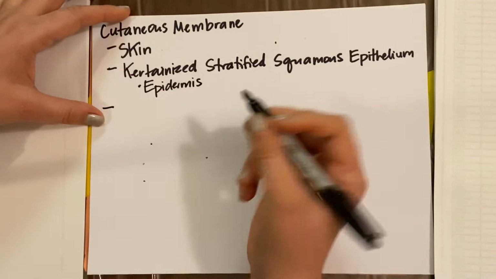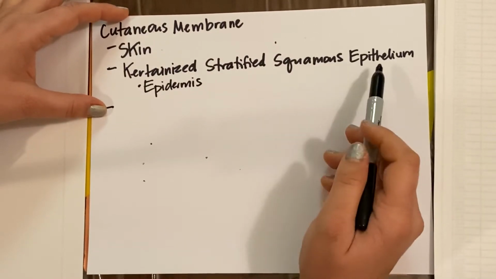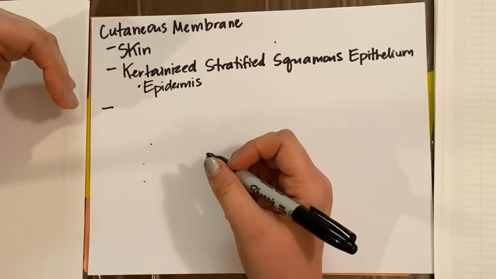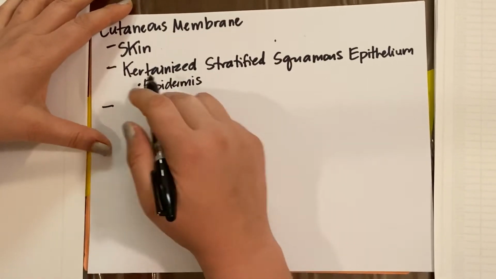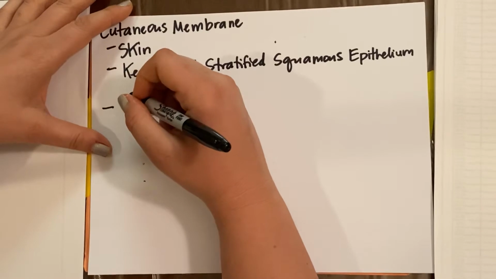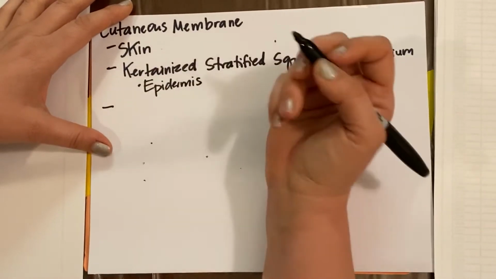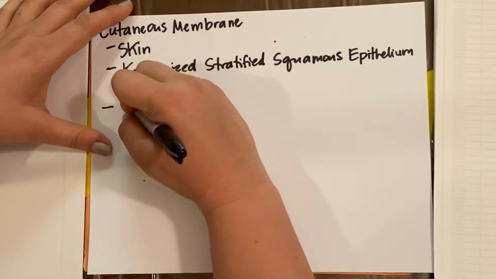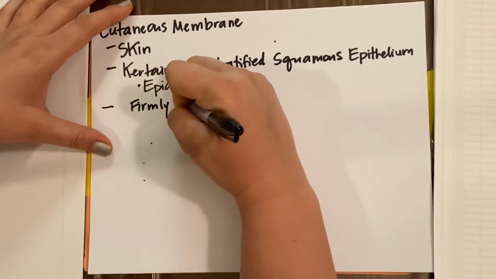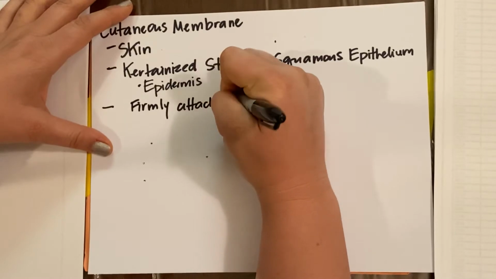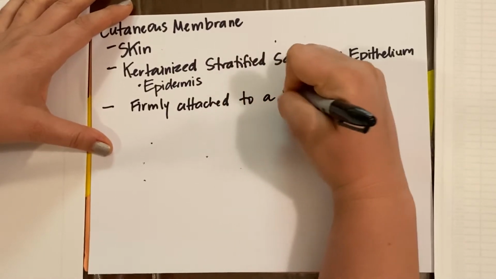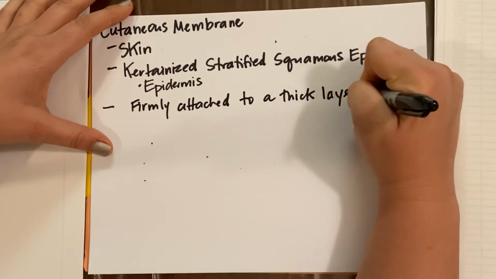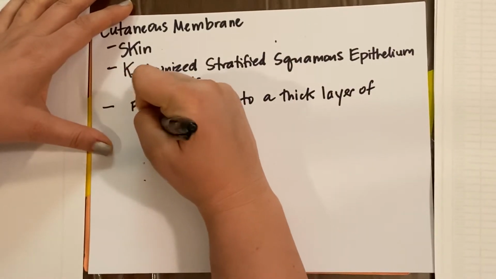Okay, beneath the keratinized, stratified, squamous epithelium, we're going to have the connective tissue, okay? The keratinized, stratified, squamous epithelium, or the epidermis, is going to be firmly attached to a thick layer of connective tissue.